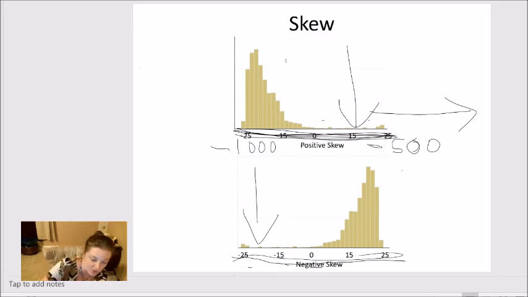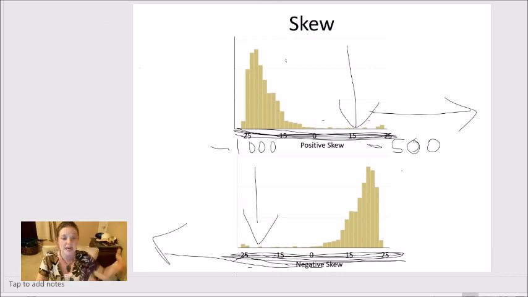That's true even if you only have positive numbers. Because let's say down here, you only had positive numbers. It would still be negative skew because eventually negative numbers would be on the same side as where the extra scores are. And I know it's very counterintuitive, but just remember, we talk about skew as deviation from normality.